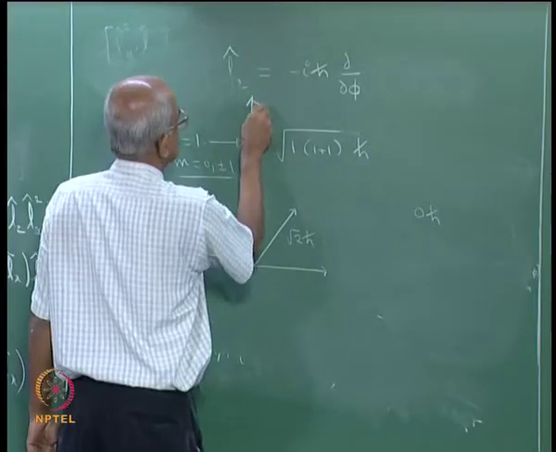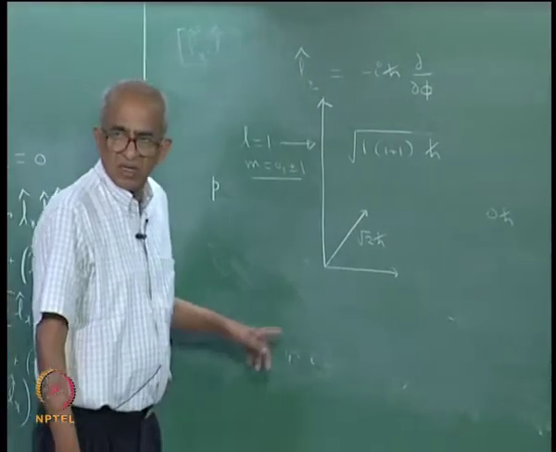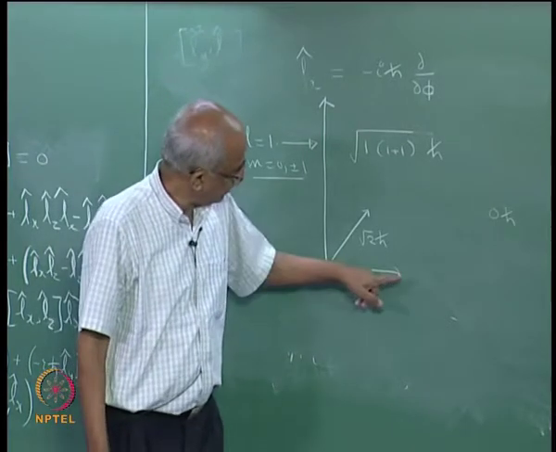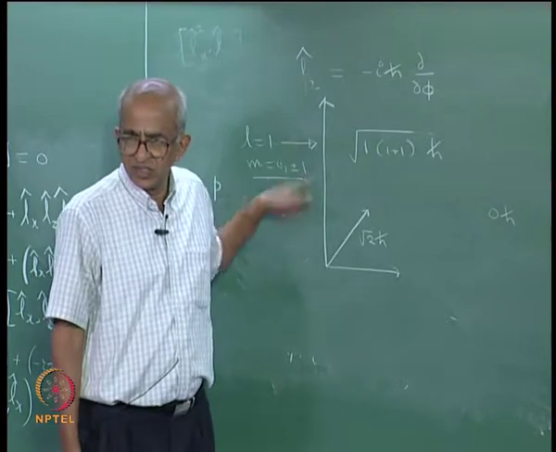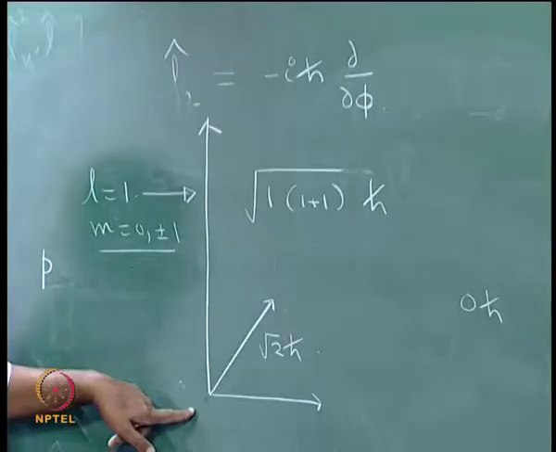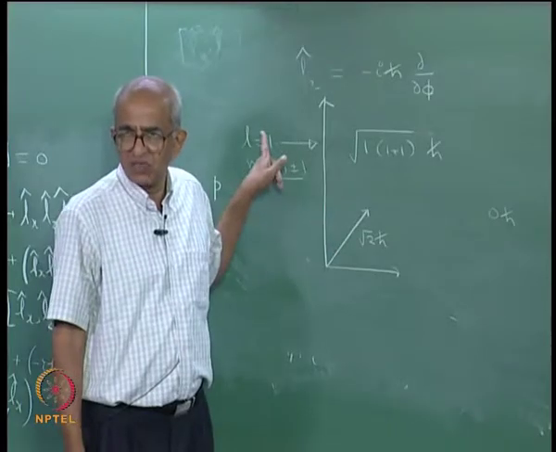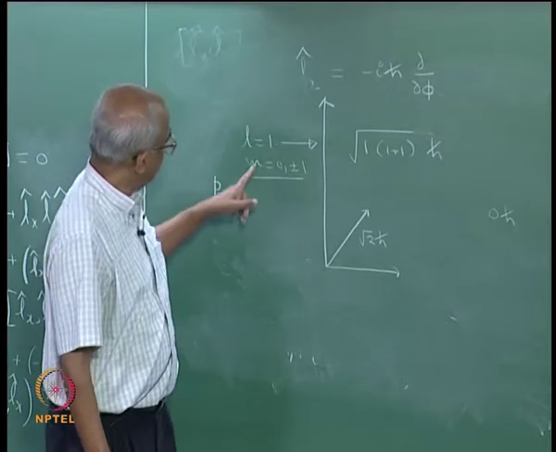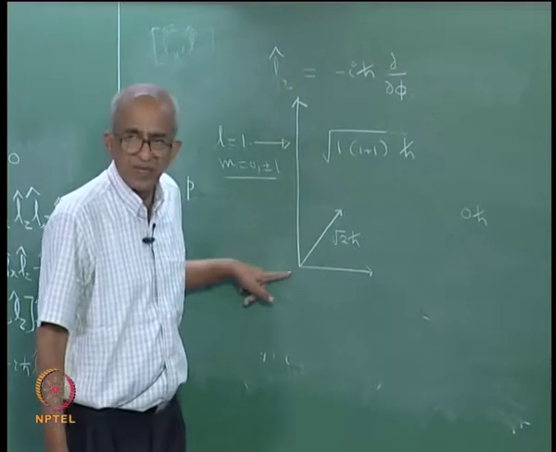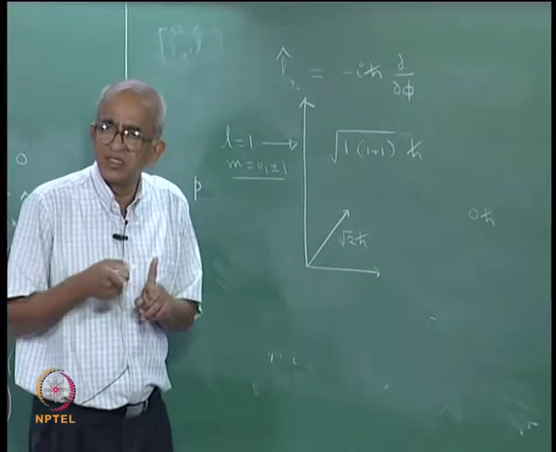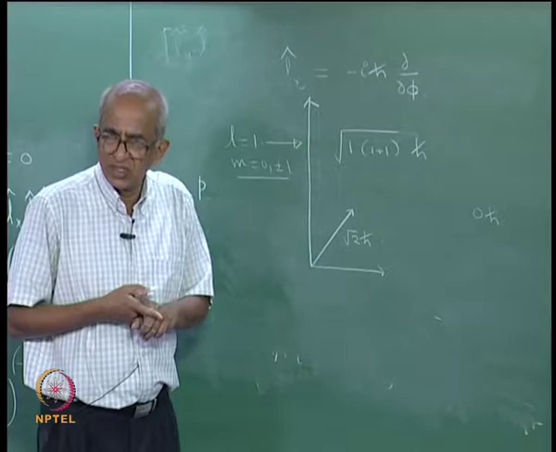This is my z direction. And if my angular momentum vector is oriented perpendicular to the z axis, then naturally its z component is going to be 0, which is what I want. So, therefore, if you say L is equal to 1 and m is equal to 0, that just means that the angular momentum vector is oriented in a direction that is perpendicular to the z axis.